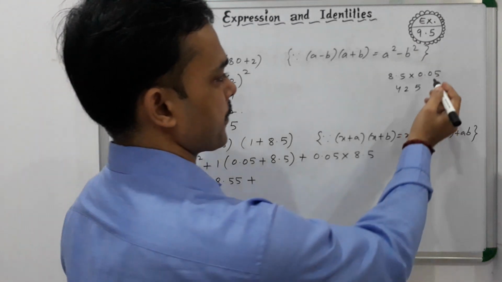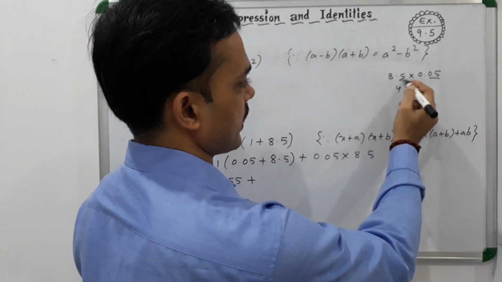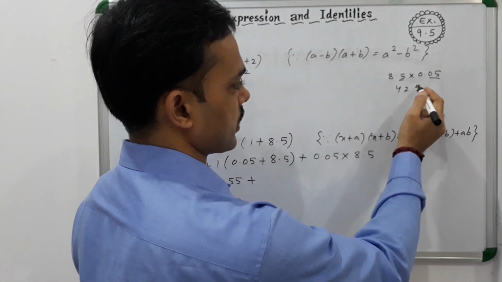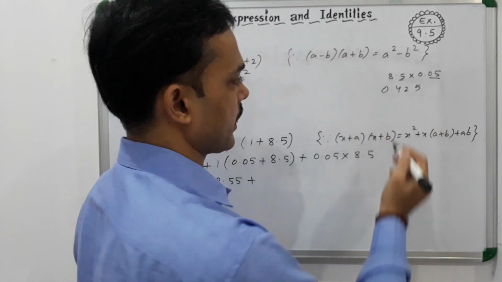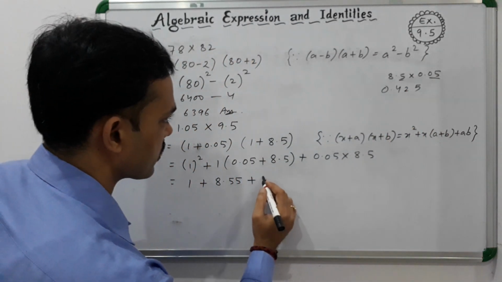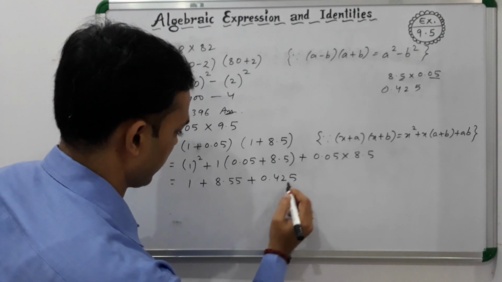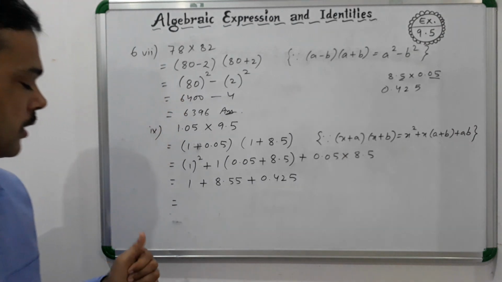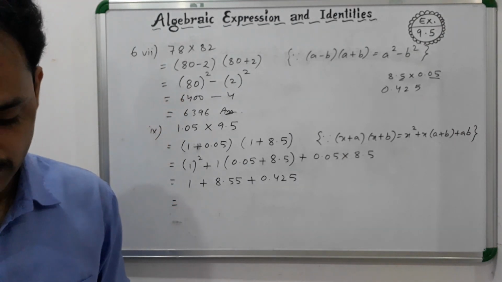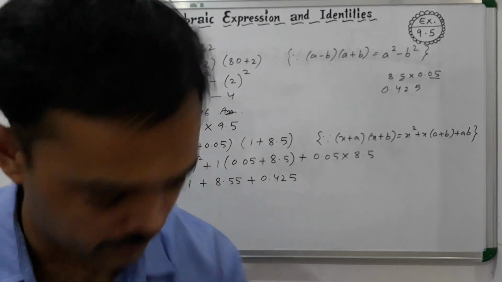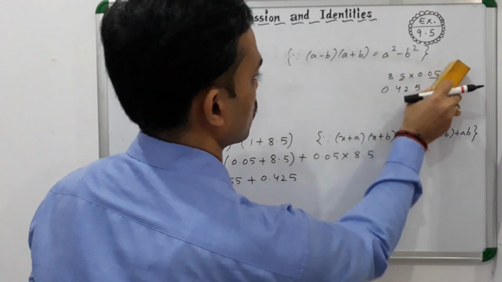Now the decimal: here there are 2 digits, here there is 1 digit, total is 3, so the decimal will be here, which means you are getting 0.425. Now see, when you are adding them, let me erase this and show you here.